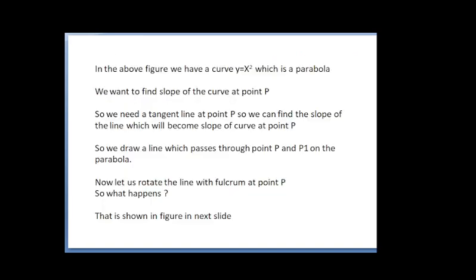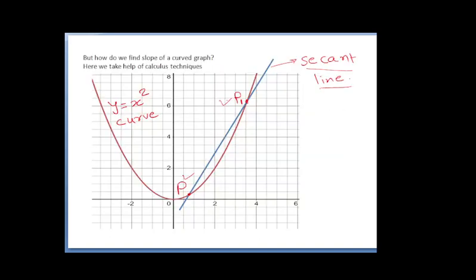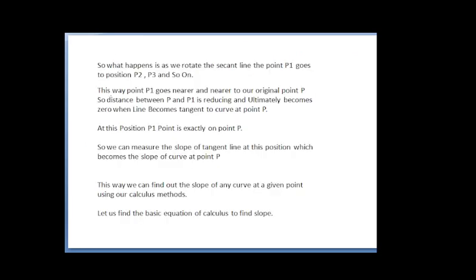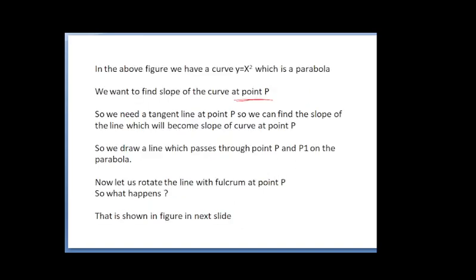Now we want to find the slope of the curve at point P, but in this graph the line is intersecting at 2 points, P and P1. So what we do is, keeping point P as the fulcrum point, we rotate the secant line, moving point P1 closer.